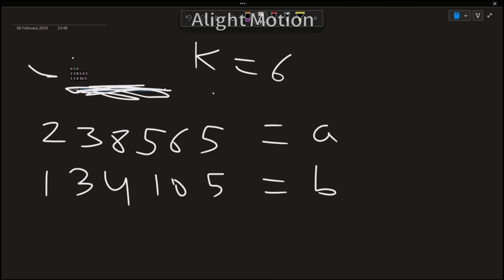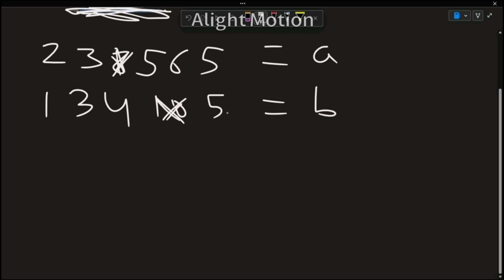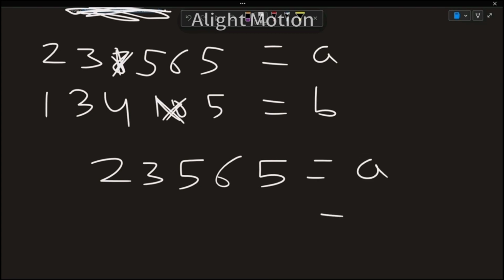So I will remove those elements which are greater than k. Here the element greater than k is 8, I will remove this. Here greater than k is 10, so I will remove this. Now I have 2, 3, 5, 6, 5. The new array A is this and the new array B is this.